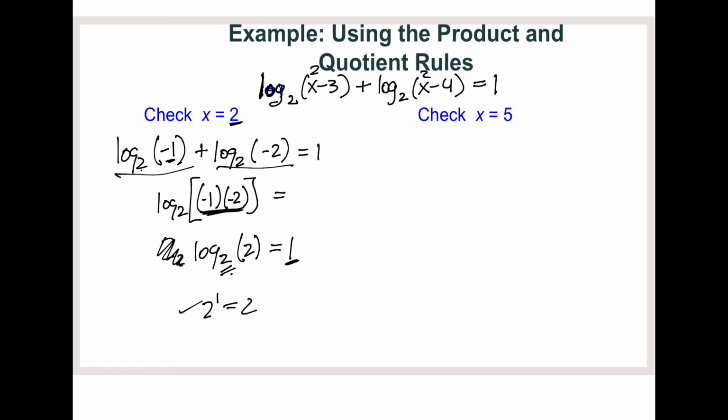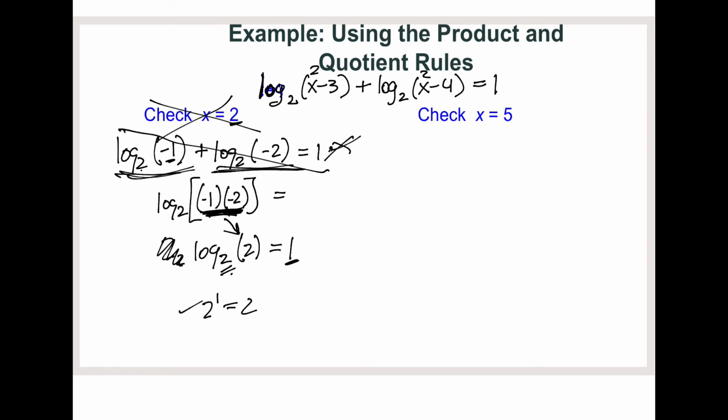There is no power that I could raise 2 to to get negative 1 as an outcome. And so when we multiplied them, yes, they became positive. But it has to work at every stage, right? And because it doesn't work at this stage, this is not a solution.